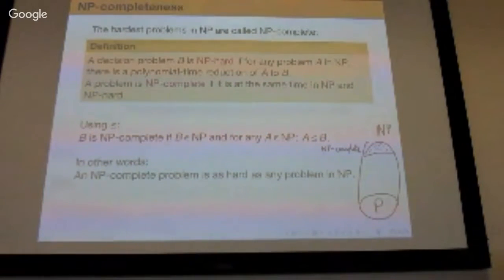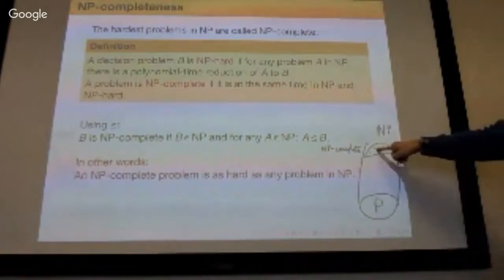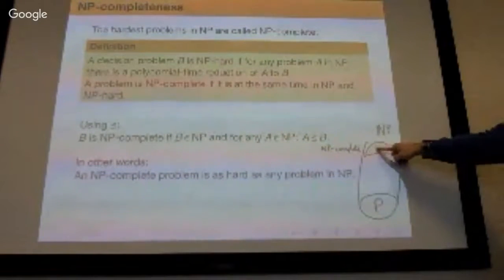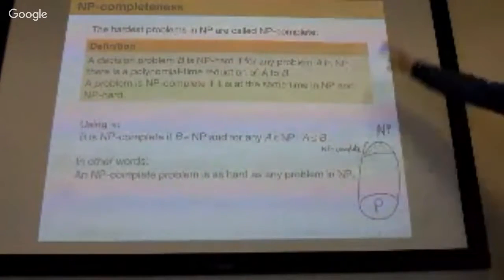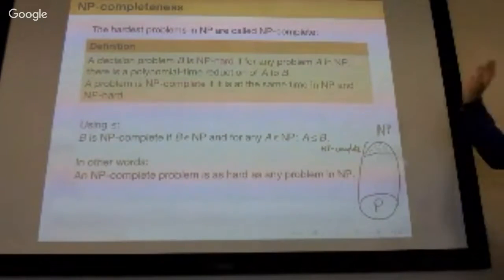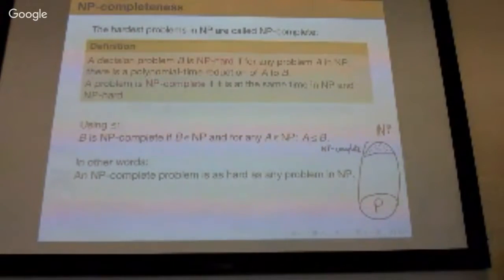If anybody found an efficient algorithm for any of them... but nobody knows.